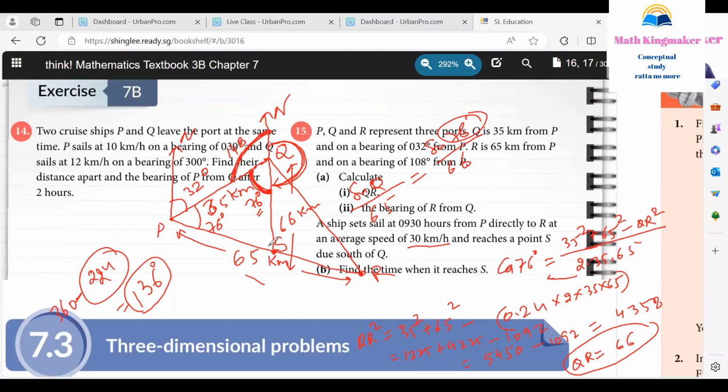You have to calculate PS. If you have the distance, and speed is given, you can calculate time because speed is equal to distance over time. So you can calculate PS with the help of sine rule.